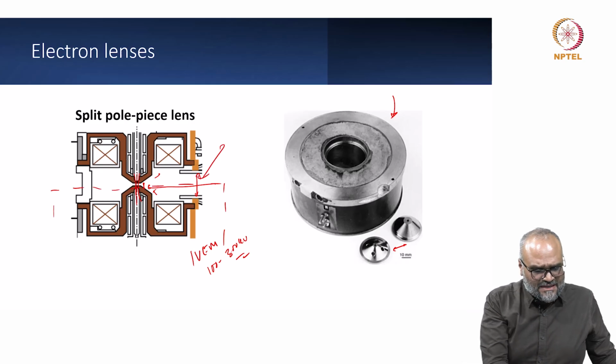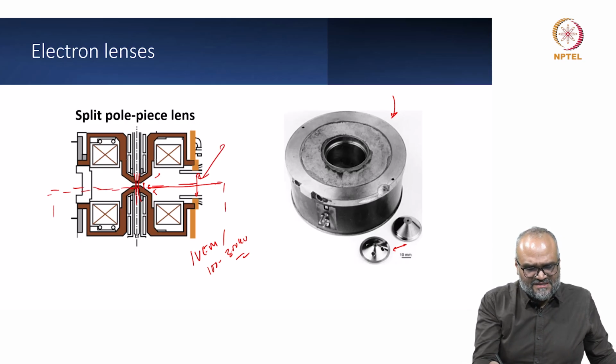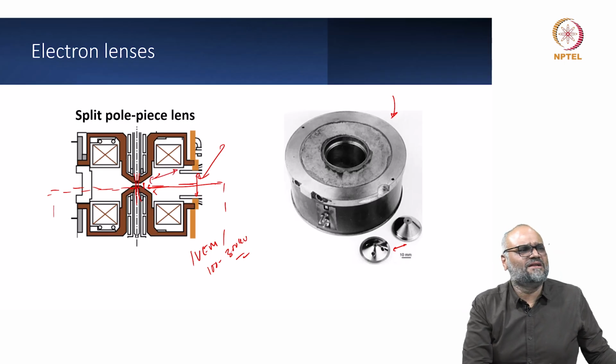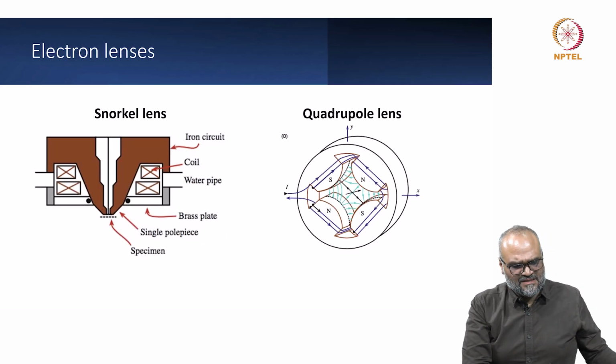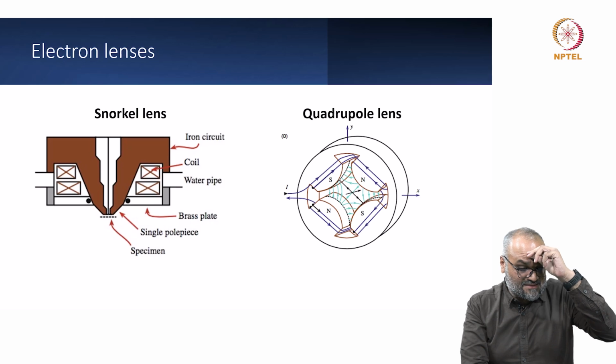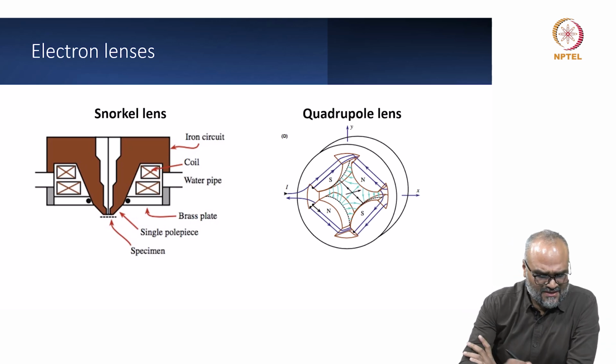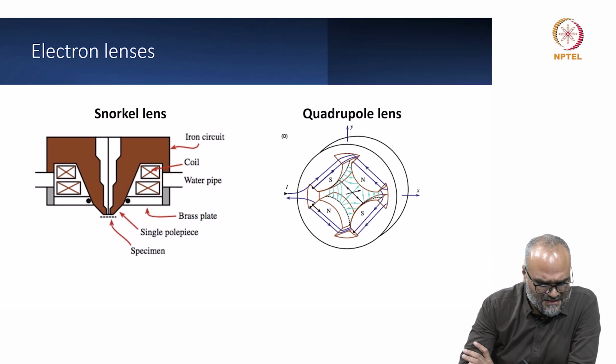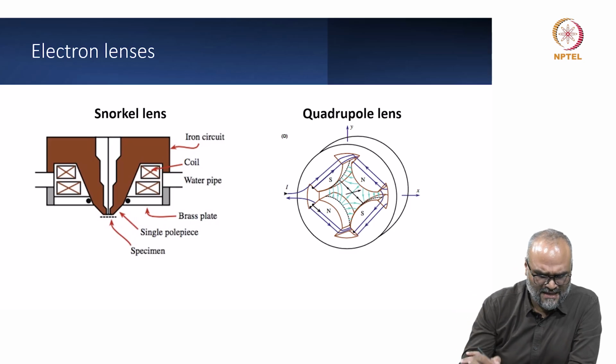If I look at only the upper part of this split pole piece lens, just the upper part here, you have a different construction called the snorkel lens, which is typically used in an SEM. So in a snorkel lens, you have only one half. You have a conical pole piece here. It's a single pole piece, and you have a coil here.